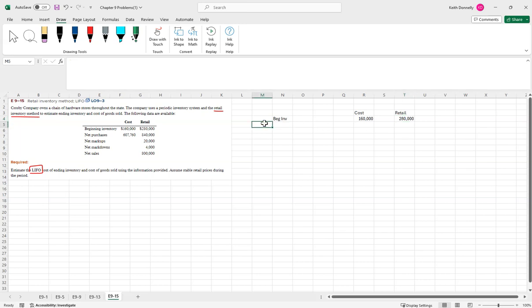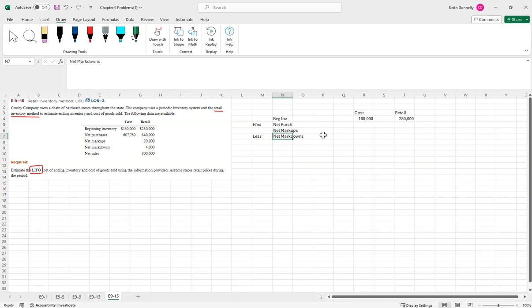All right, then we're going to add some things to it. We're going to add the net purchases. We're going to add the net markups. And we're going to subtract the net markdowns. We don't got to do the stop sign here. The stop sign is only for the conventional method.